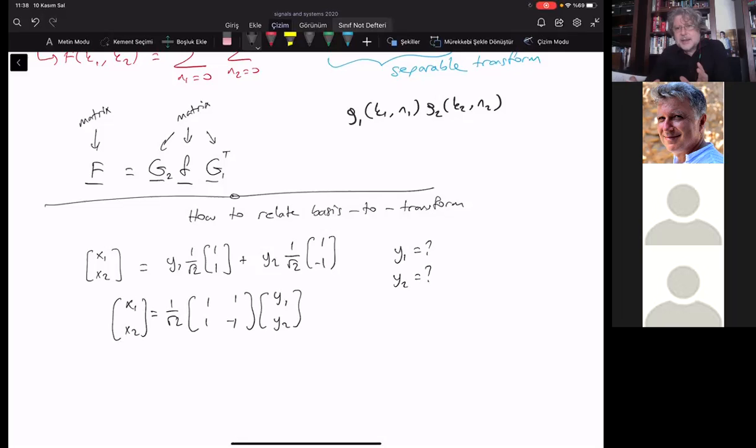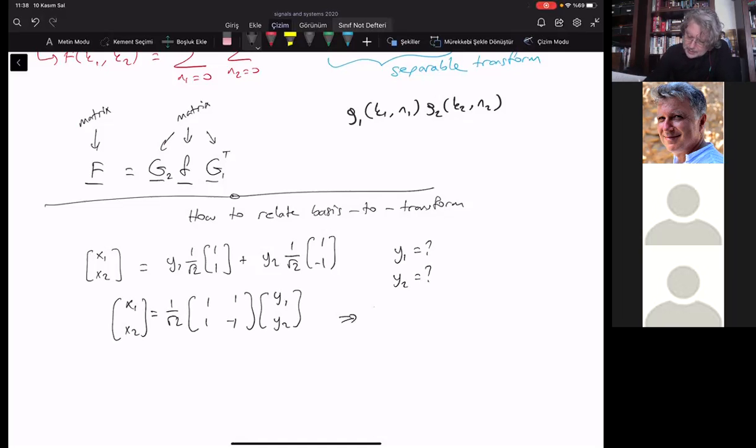This is therefore like the inverse transform, because I'm converting y1, y2 to x1, x2. x is the original time signal, y is the transformation. So this is the inverse transform. How can I invert the inverse transform?